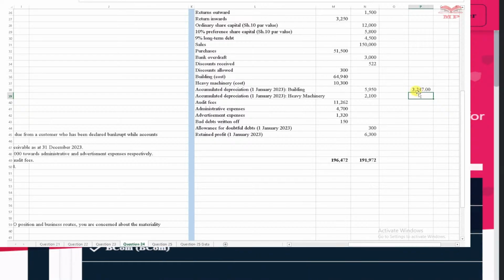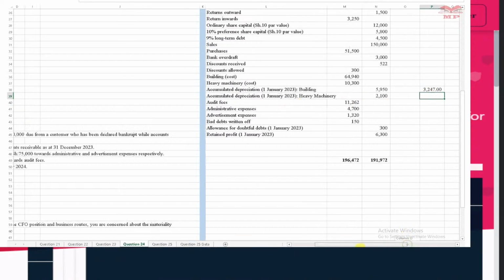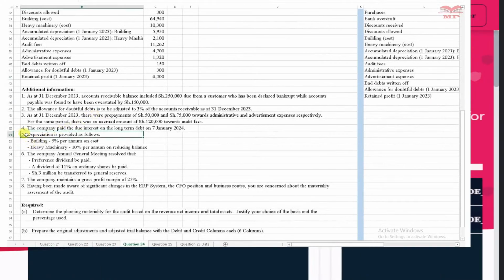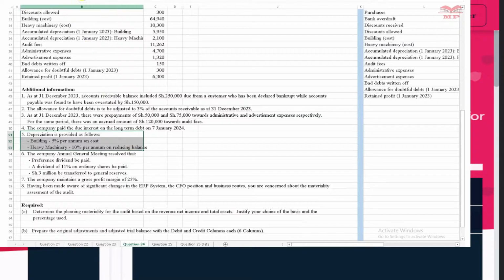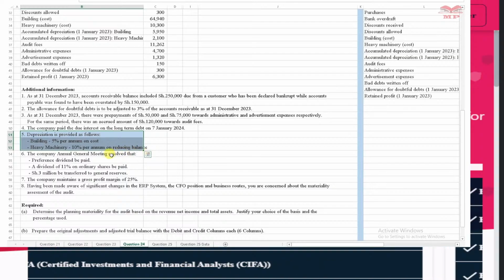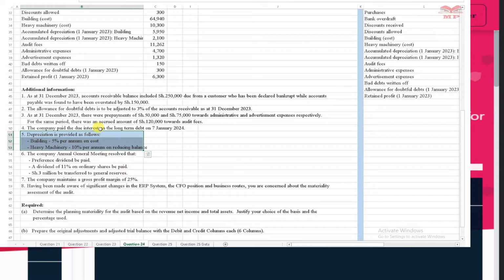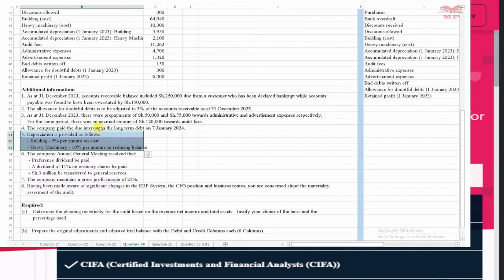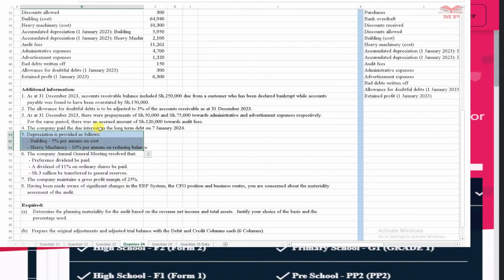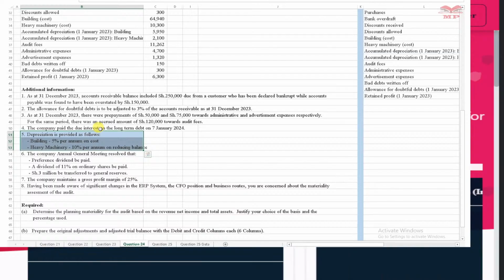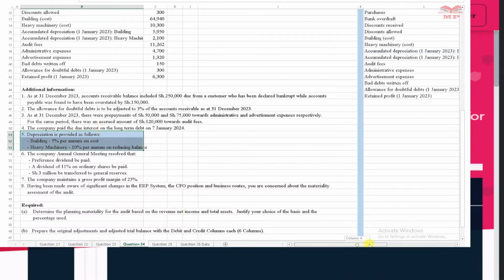Let's also analyze accumulated depreciation on heavy machinery. Let's see what we are told. So for depreciation right over here, heavy machinery is 10% per annum on reducing balance. So here we just pick 10% per annum. 10% of the difference between the machinery at cost and the accumulated depreciation. So this is what I'm saying.